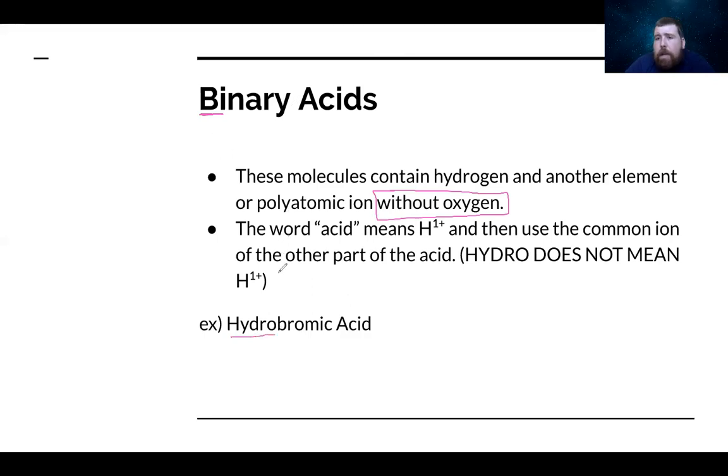That means the chemical I am looking at is bromine, and we know bromine has a 1 minus charge. And then the acid tells us that it's the hydrogen ion, 1 plus. So hydrobromic acid is quite literally just a hydrogen ion and a bromine ion forming a covalent bond, so HBr. This is going to be the formula for hydrobromic acid.